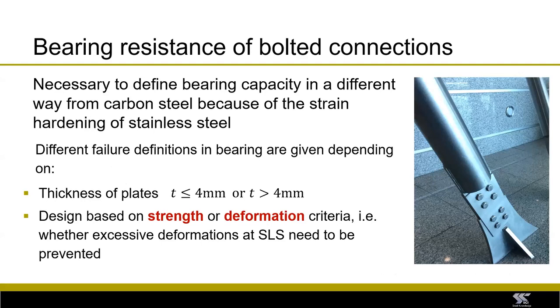Otherwise, it would just go on and on and on. So we've introduced that and got different failure definitions depending on the thickness and whether it's strength or deformation that are the governing criteria. So very simple rules to apply.